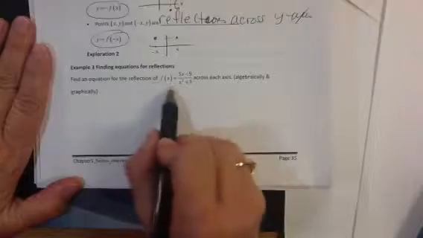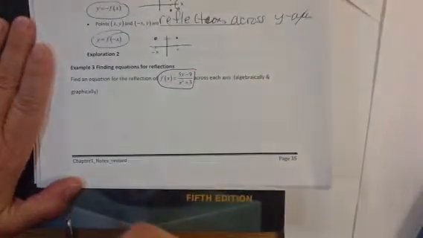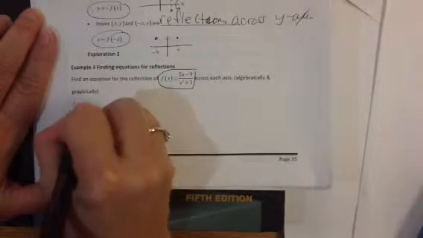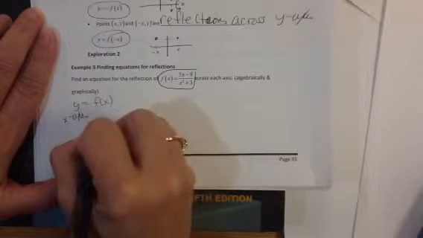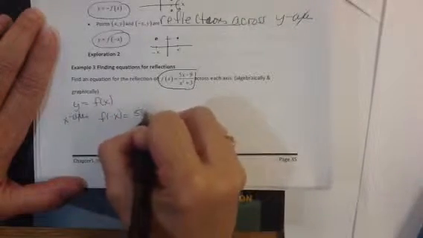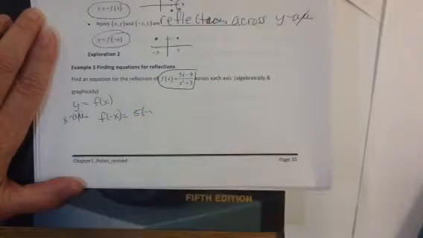Now what I need to do is find an equation for the reflections. Here is the original one, and I want to cross each axis. So let's see, if this is my original, to go across the y-axis, I want to look at f of negative x, which means I plug in a negative x in front.